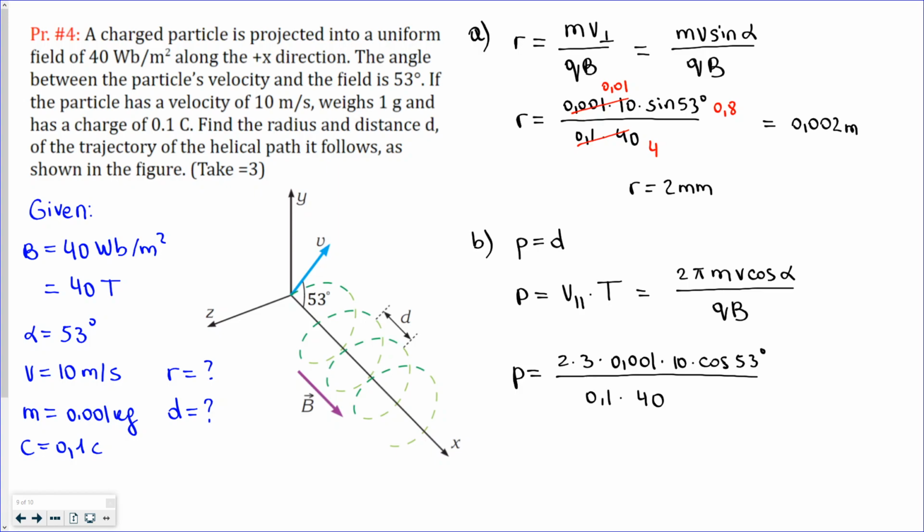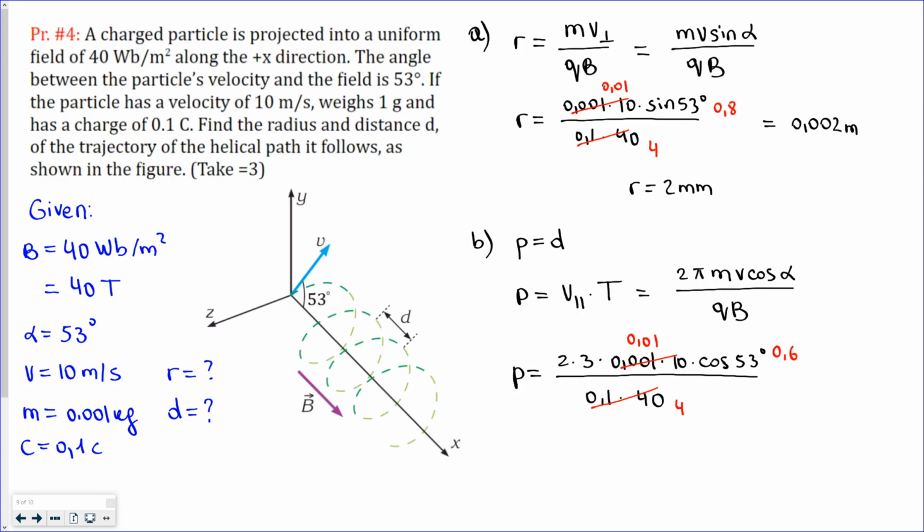Again, here I have 4, this can be written as 0.01, this is 6, and cosine 53 is sine 37, which is 0.6.